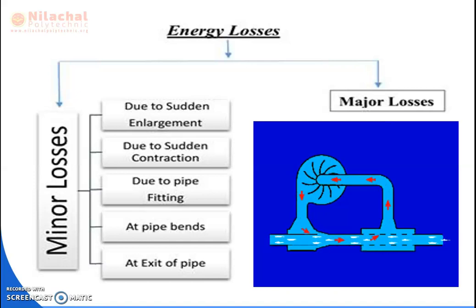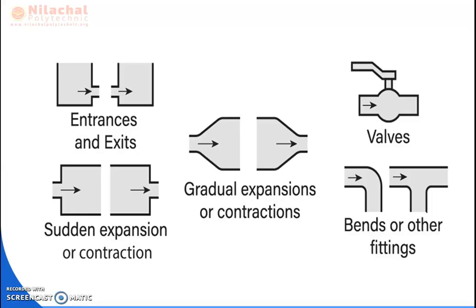When the diameter decreases, there is a contraction. These are the minor losses that take place in the pipe during entrance and exit of the water. Sudden expansion and contraction: here this is sudden expansion, and this is sudden contraction, from smaller diameter to bigger diameter to smaller diameter.